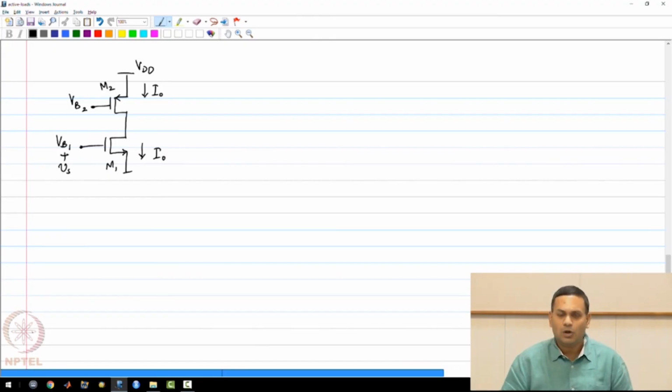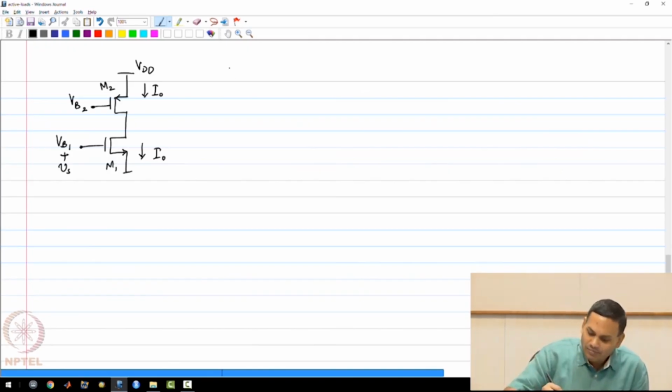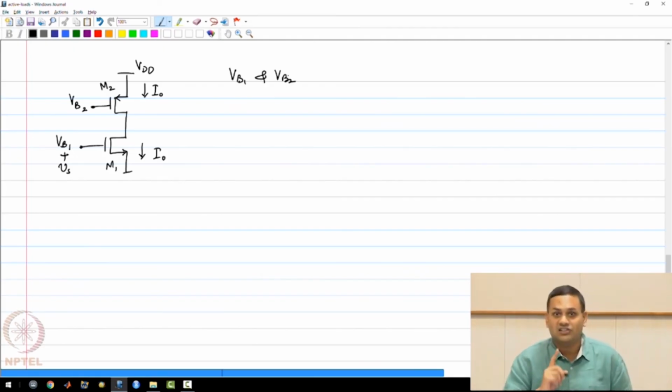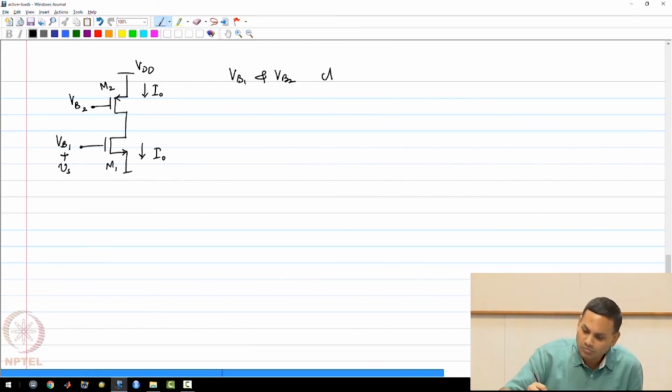Before we draw the small signal equivalent circuit, I want to emphasize again that VB1 and VB2 have to be chosen very carefully so that the two transistors have the same current I0, and there is one additional condition that is very important.